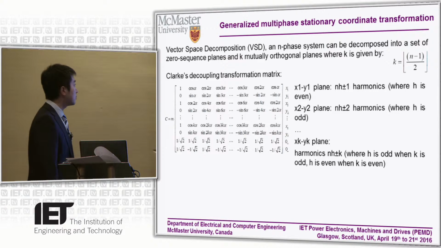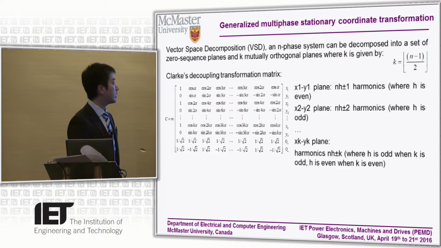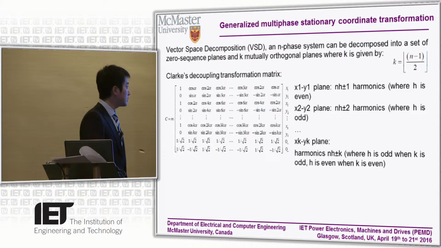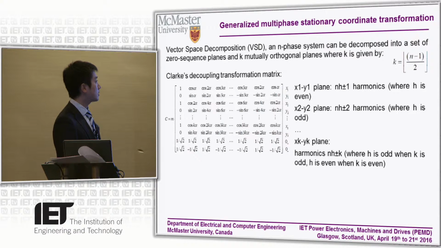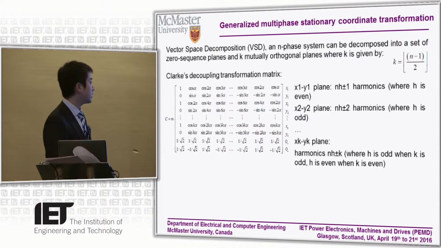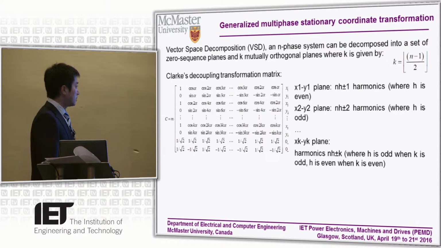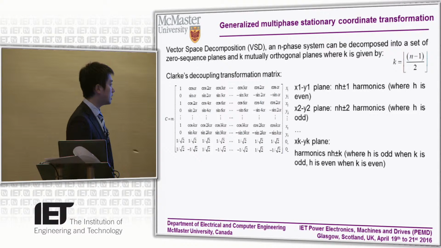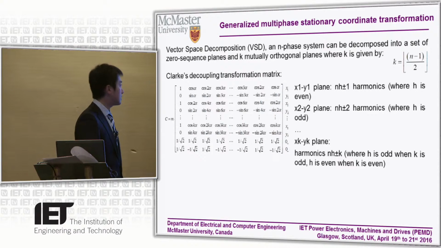The x1, y1 plane contains the n times h plus or minus 1 harmonics, where h is even. The x2, y2 plane contains the n times h plus or minus 2 harmonics, where h is odd. The xk, yk plane contains the harmonics n times h plus or minus k, where h is odd when k is odd and h is even when k is even.